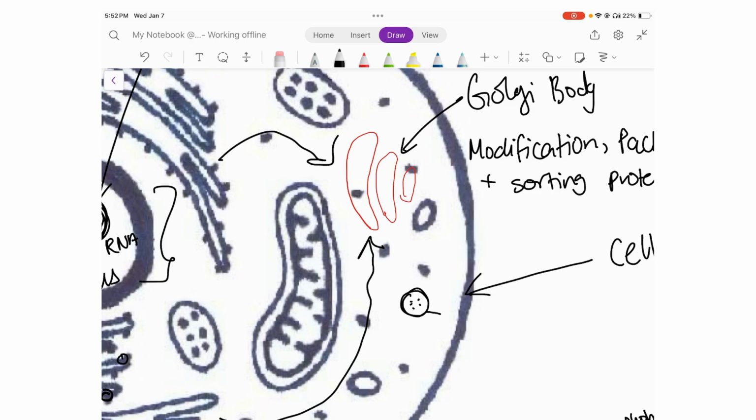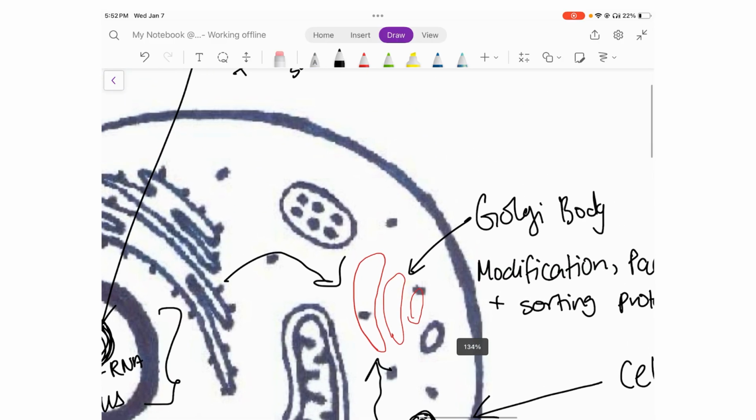And then it will come to the cell surface membrane, and then the vesicle dissolves. And then it leads to the release of whatever this vesicle contains to the extracellular environment. We will be discussing lysosomes in a while, but let's move on to mitochondria.